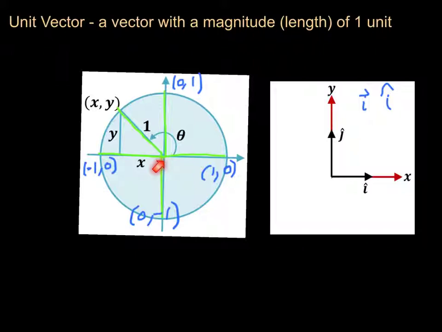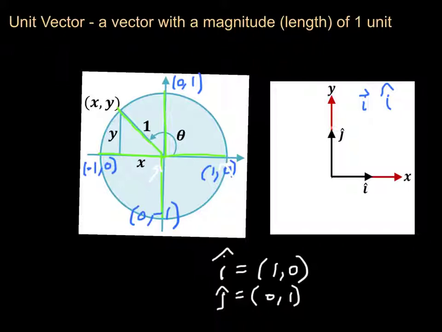Vector i, or unit vector i, if you will, is equivalent to 1, 0, because that's where the tail starts here and the head would end there. Unit vector j, for the same reason, is denoted with a 0, 1, because that's where it falls.